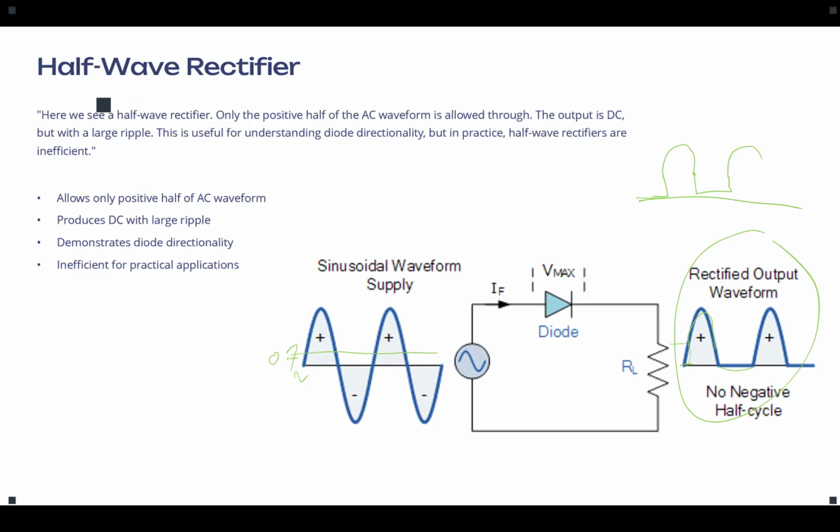No, we still have zero voltage, but here in the blue curve you see that immediately in the positive half cycle, the voltage starts to increase from zero to the peak voltage.